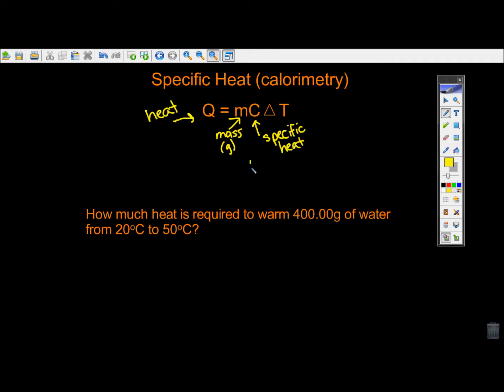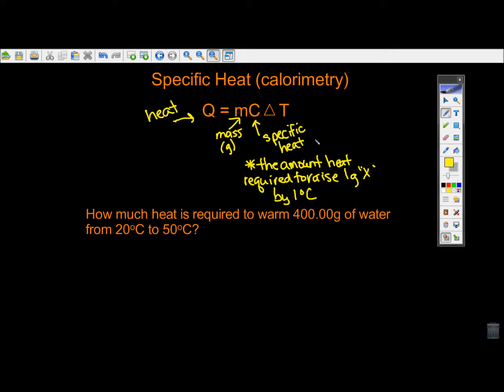And what specific heat is the amount of heat required to raise 1 gram of something, whatever it may be, we'll call it X, 1 gram of something by 1 degree Celsius.